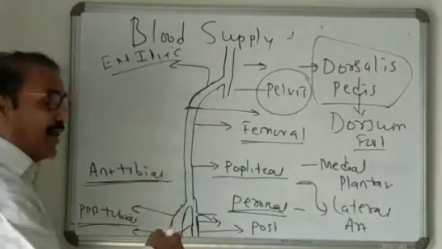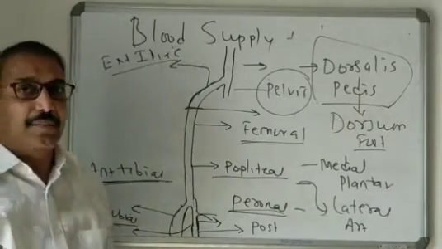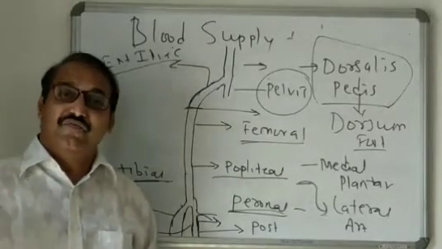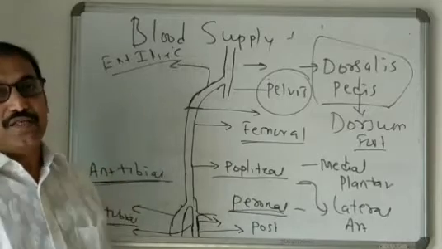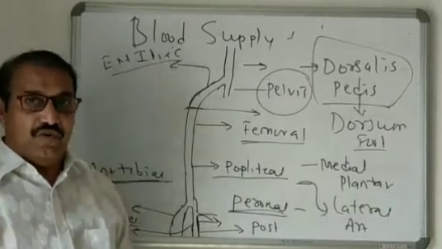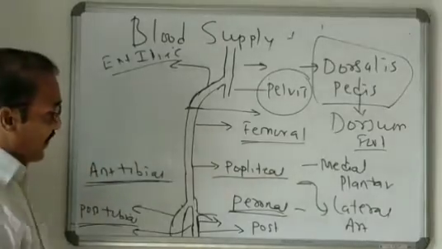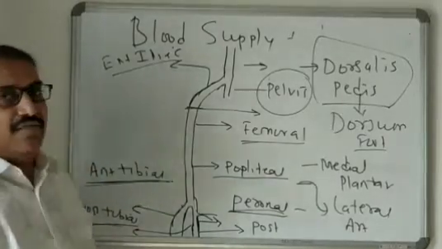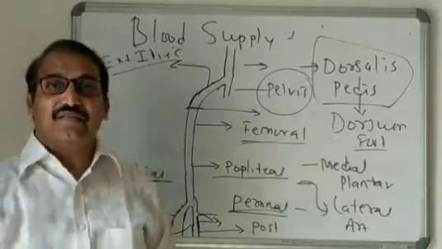Then the anterior tibial artery descends downwards after supplying the leg region and enters the foot region. It becomes the dorsalis pedis and supplies whatever structures are present on the dorsum of the foot with the help of distal branches. Then the posterior tibial artery enters the foot region from the posterior-most side.